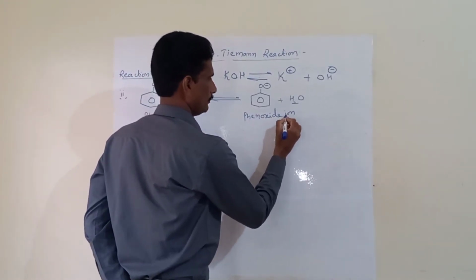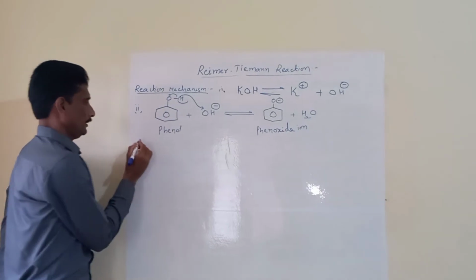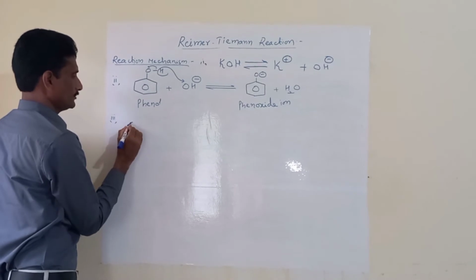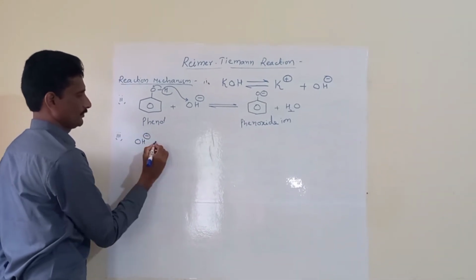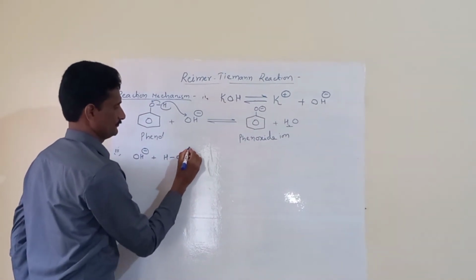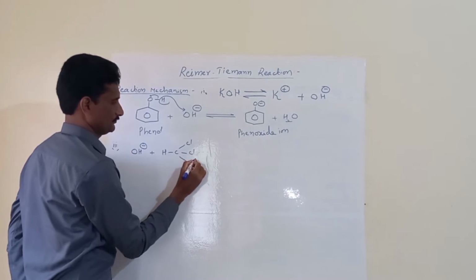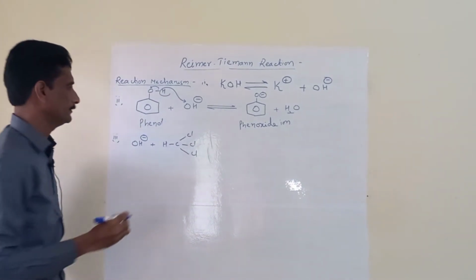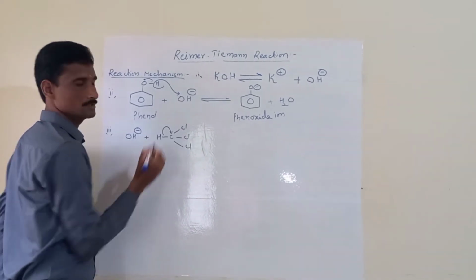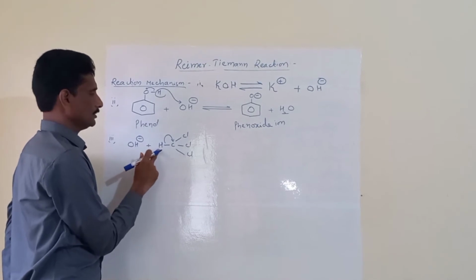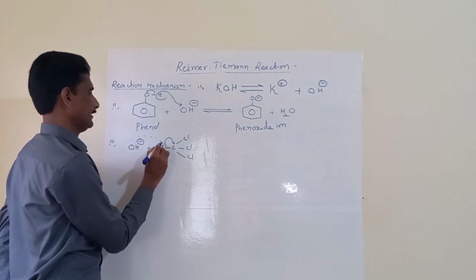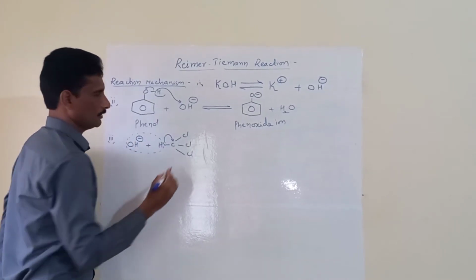Phenoxide ion. In the third step, OH minus ion reacts with chloroform, CHCl3. Here the sigma bonded electrons are shifted towards this side. Carbon gets a negative charge, hydrogen gets a positive charge. This H plus reacts with OH minus, and water is eliminated.